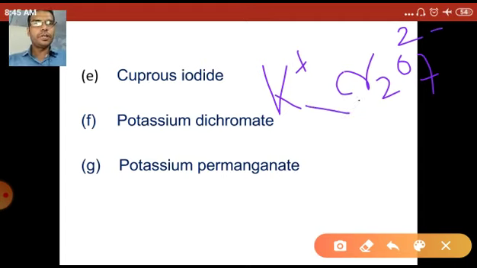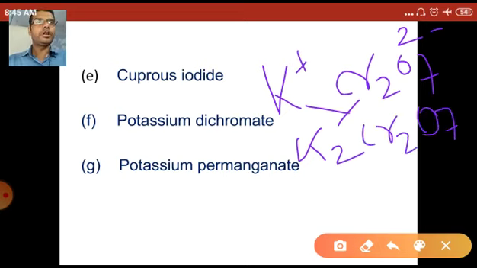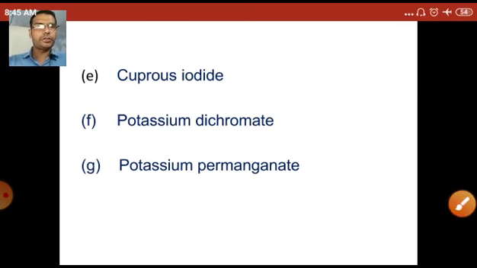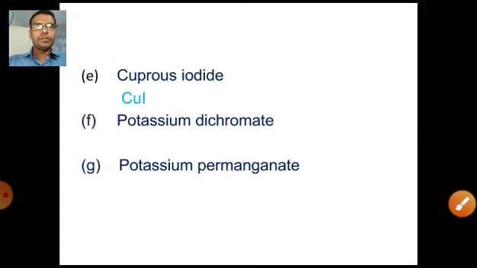So the formula between them is K2Cr2O7. So this is the formula of potassium dichromate. Now this is the formula of cuprous iodide and this is the formula of potassium dichromate.